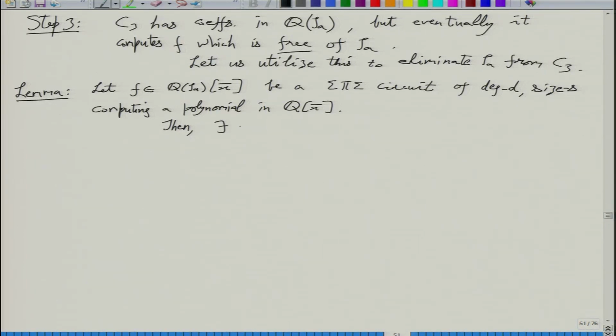So then there exists an equivalent sigma pi sigma circuit G which uses only rational constants. So all the intermediate computations are in Q[x bar] of the same degree size.